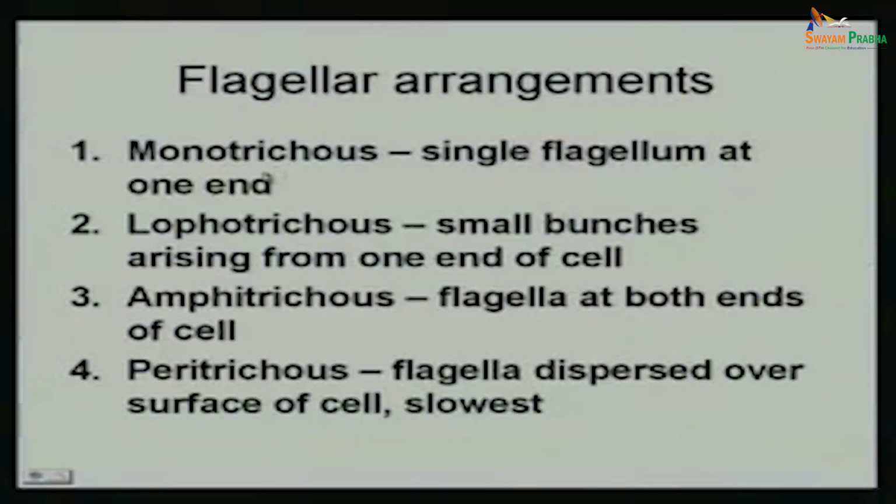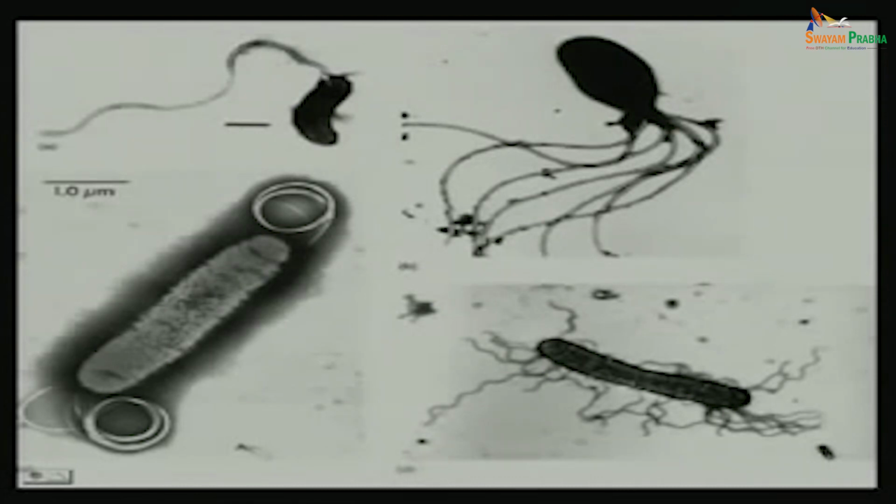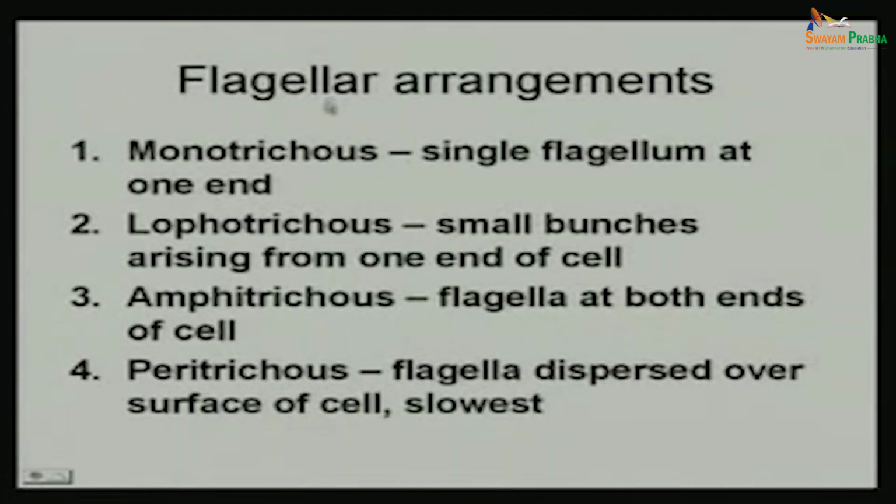Now, if we see the arrangement of flagella in any bacterial cell, it may be a single flagellum at one end of the bacteria, and this arrangement is called monotrichous. If a small bunch of flagella arises from one end of the cell, it is called lophotrichous.